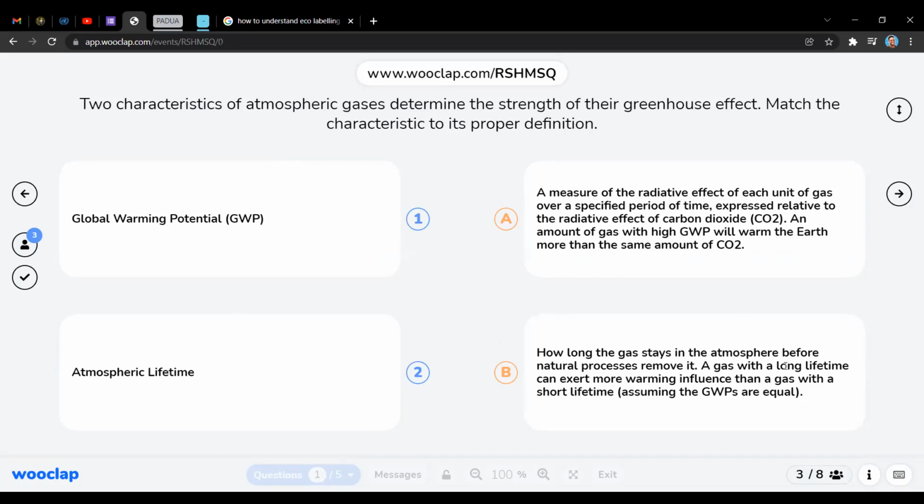Which of these do you think is the correct definition of the term? Okay, let's be quick. Okay, anybody else? Again, you just go to Google, type WooClub, WOOCLAP, go to the first website that pops up, and just write in the code RSHMSQ.